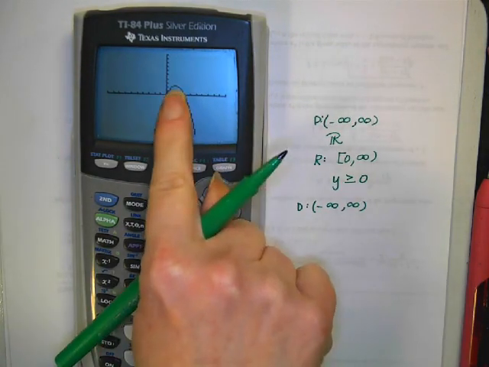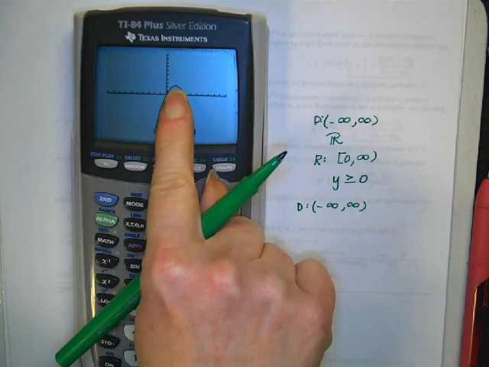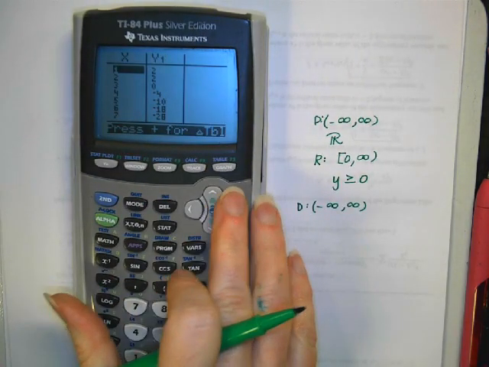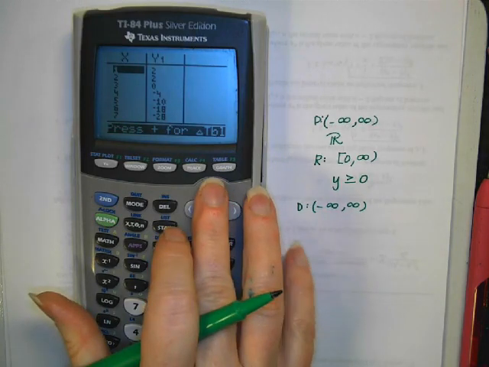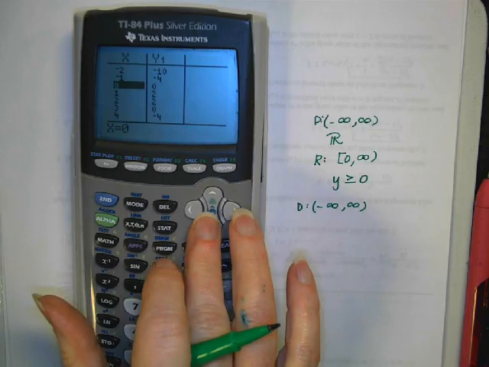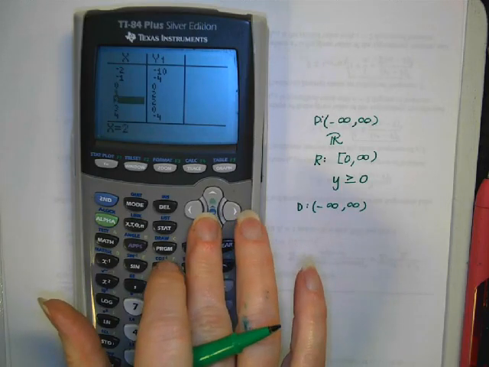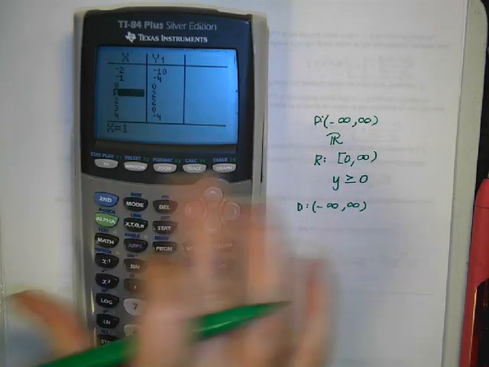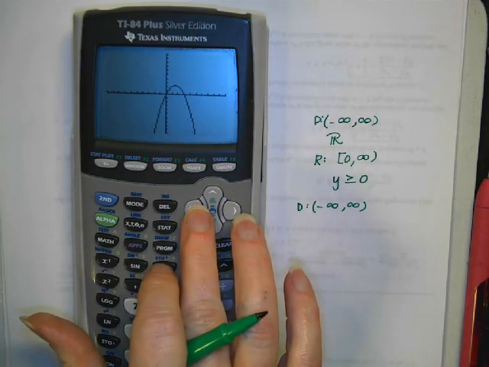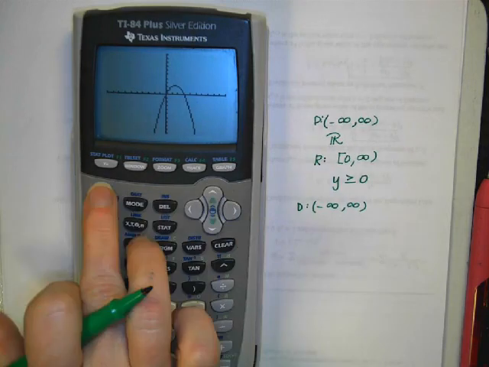And then this point right here looks like 3, but we can check our table just to be sure. Or I can do a maximum. Looks like at the ordered pair, oh, maybe 2.5. That looks like it's a 3. But I can do a second trace.